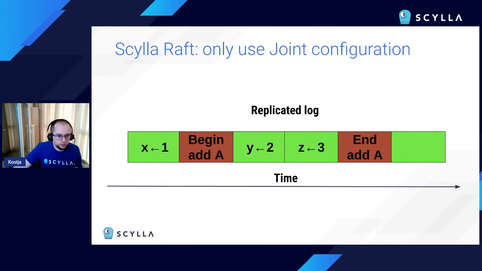And later on, when this joint configuration propagates to the majority of both the old and the new quorums, the second record is committed that actually completes the transition. And these kinds of changes are much safer. And I'm going to talk about it in a minute.